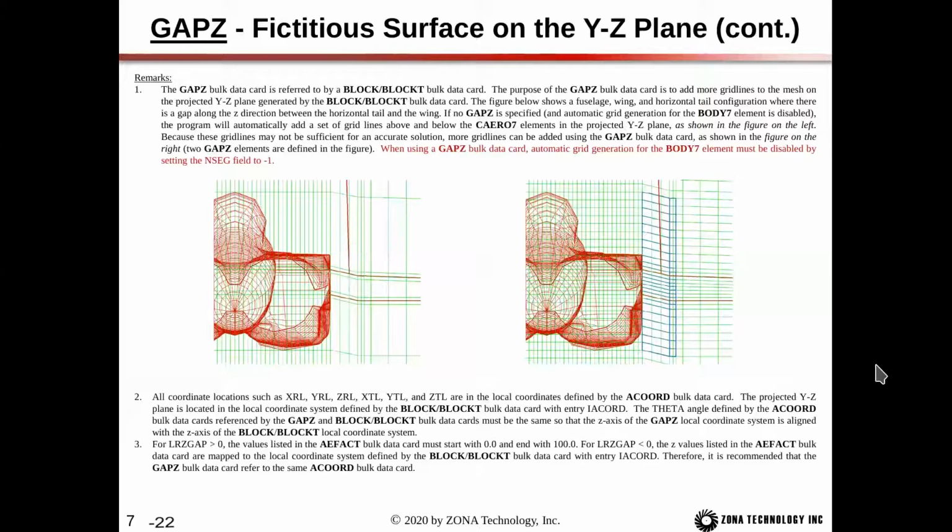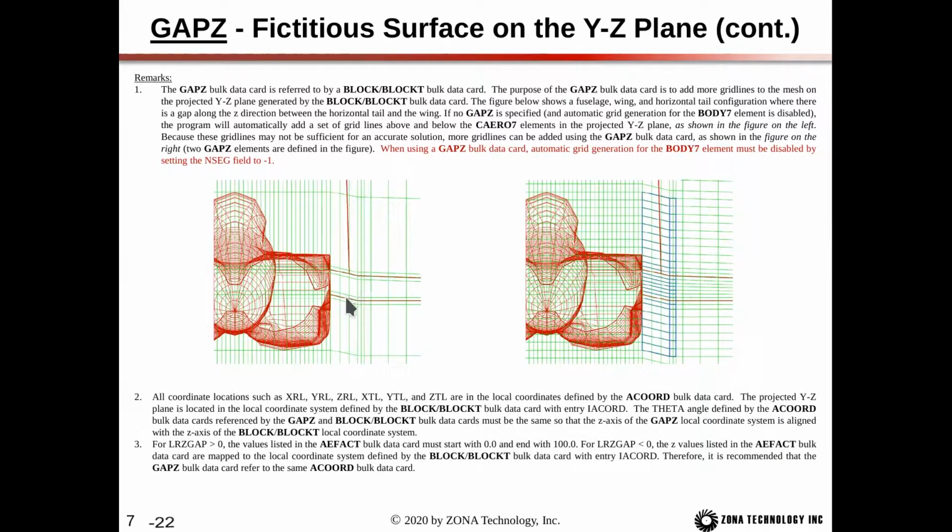So let's go look at a picture here. We have a fuselage and a wing here. The one on the left here is what happens if we set NSEG equal to -1 in the BODY7. So this BODY7 will not introduce any additional Y lines on the YZ plane except one at the top of the body and at the bottom of the body.